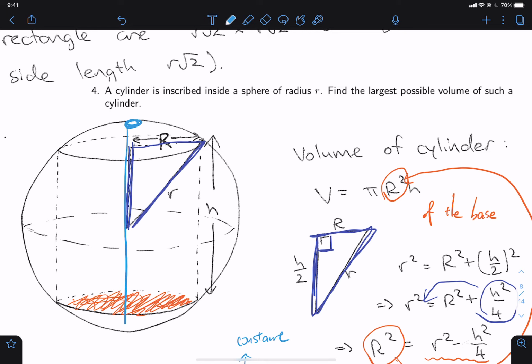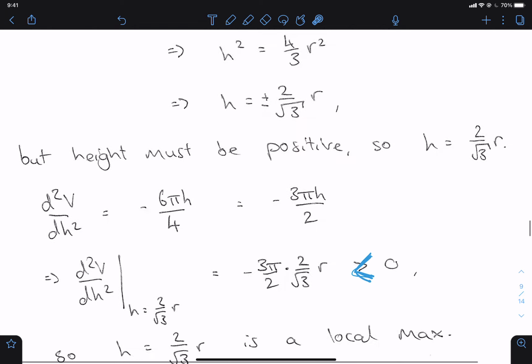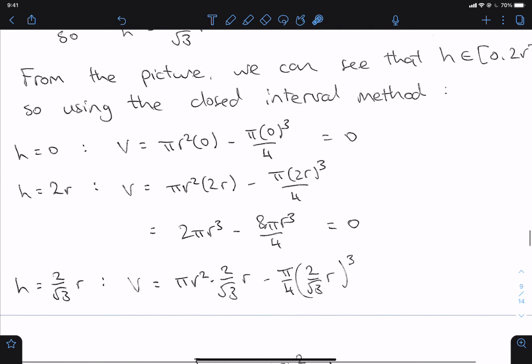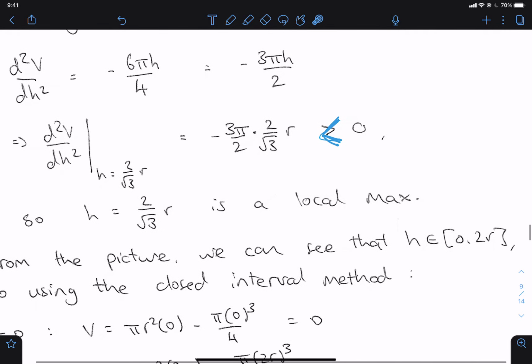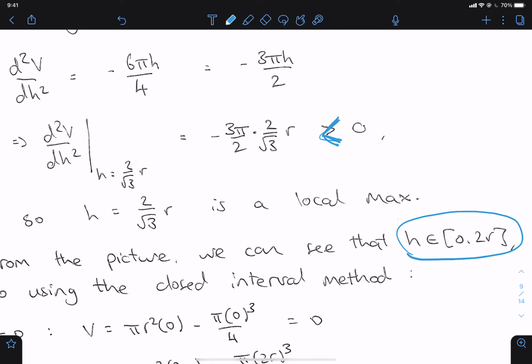So you can see the height here is very close to the diameter of this sphere. That is 2r. And in the extreme situation, we can think of the height being 2r. So that's here. So that is why the range of h is from 0 to 2r.